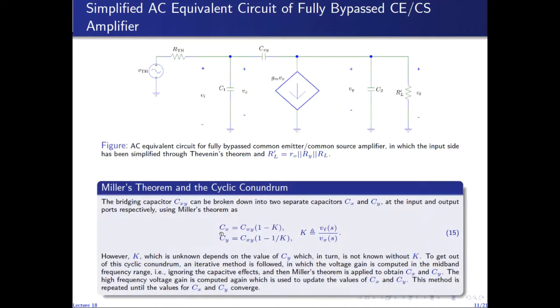And their values will be given by these expressions, in which K is the voltage gain of this circuit in going from this node to this node. So K is VL over VI.